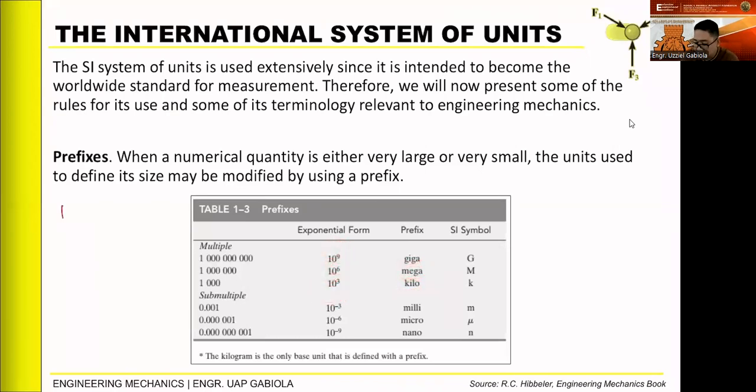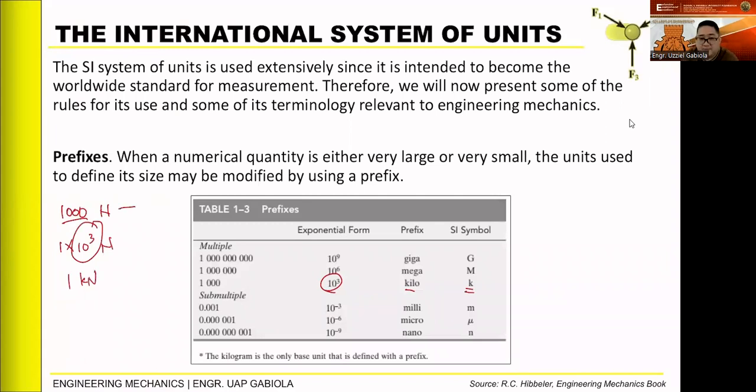Paano siya i-change na may prefix? Si kilo is good for 10 raised to 3. Itong 1,000 natin, pwede siyang i-represent as 1 times 10 to the 3 newtons. Itong 10 to the 3, we can convert it as, yung symbol niya is k, so 1 kN. Ibig sabihin, si 1,000 newton, equal daw pala yan sa 1 kilonewton.